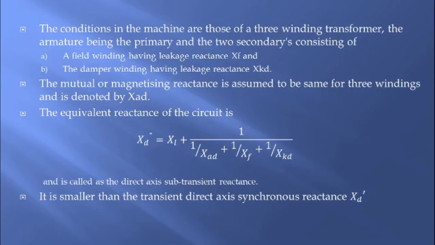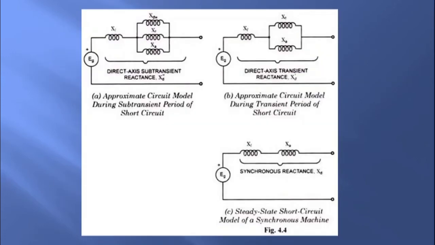Clear? All right then. This is the comparative equivalent circuits I have tried to show you here. The first figure is for subtransient, where XL is in series with the parallel combination of these three reactances. When you go to transient reactance, the reactance because of the damper winding disappears. The damper winding effect disappears after the subtransient period and is no longer required.